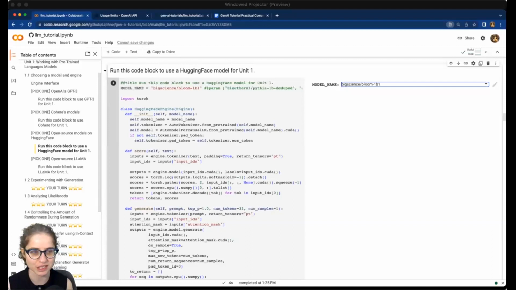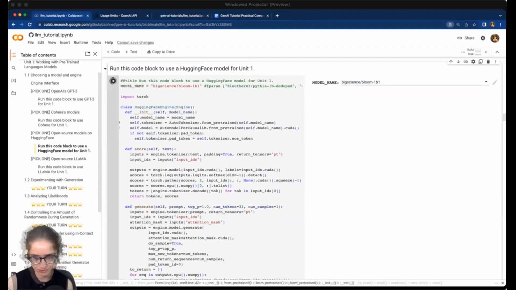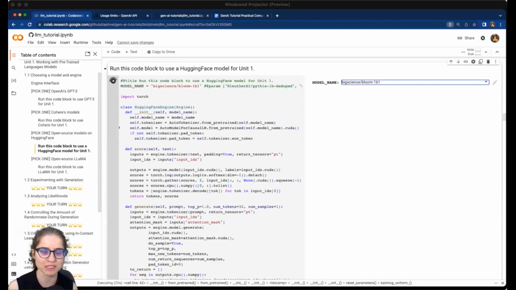So that's something to consider. If you want your model to be able to do translation, you should pick one that was trained on multilingual data. GPT-3 was trained on some multilingual data. Of the open source models, I think the only one we've given you access to in this Colab, and you can always find your own, is Big Science Bloom 1B. This was trained on multilingual data.